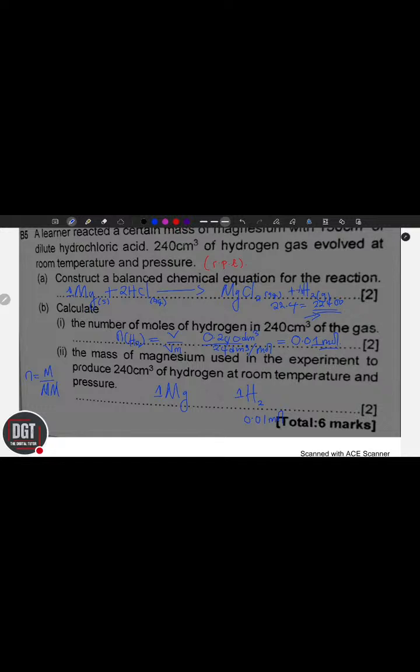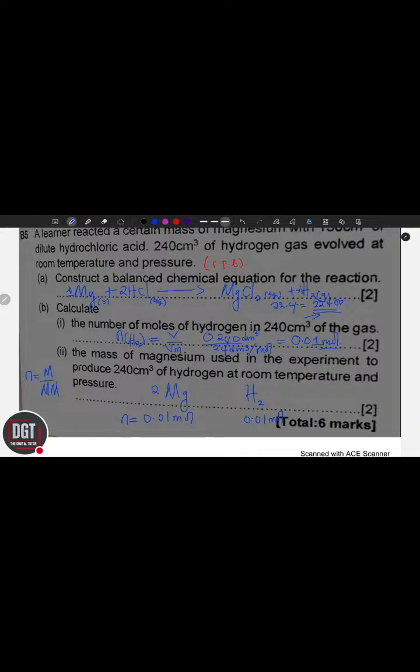So it's a 1 to 1 ratio. If it's a 1 to 1 ratio, it means the number of moles of hydrogen is equal to the number of moles of magnesium. So therefore, the number of moles of magnesium is also 0.01 mole.